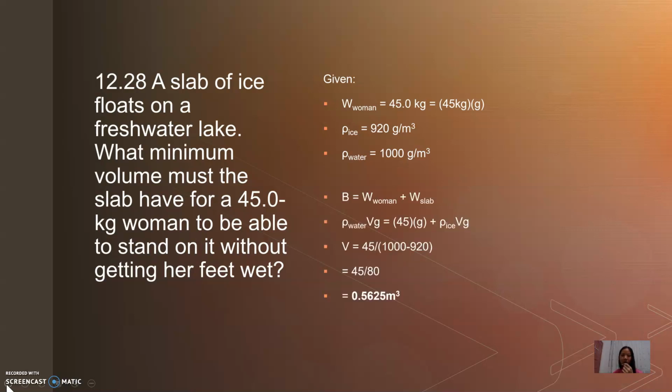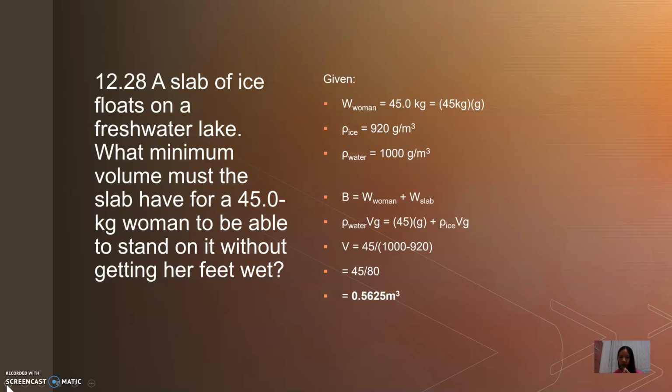The buoyant force is equal to the weight of the woman plus the weight of the slab. So, the buoyant force of the water is its density times volume times gravity. The weight of the woman is 45 times gravity, and the weight of the ice is its density times volume times gravity.